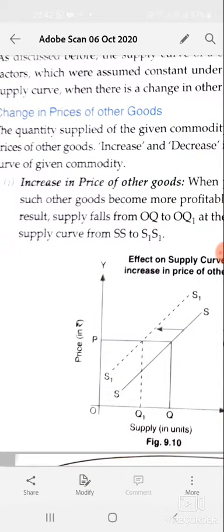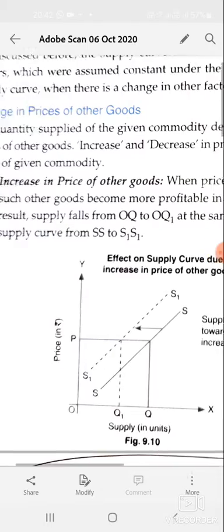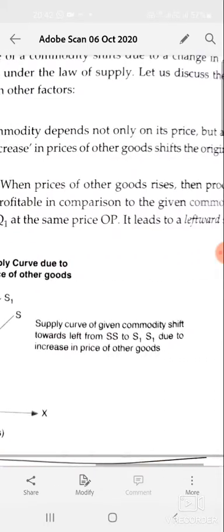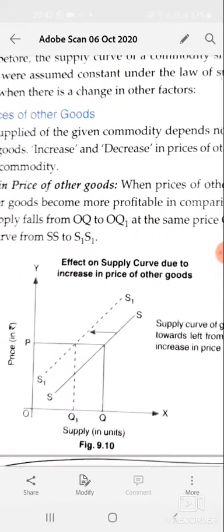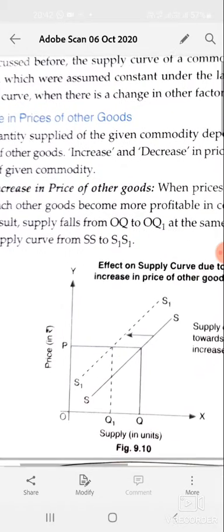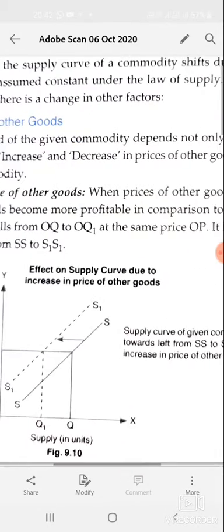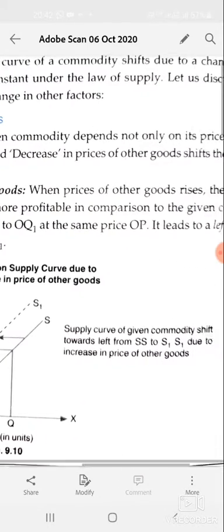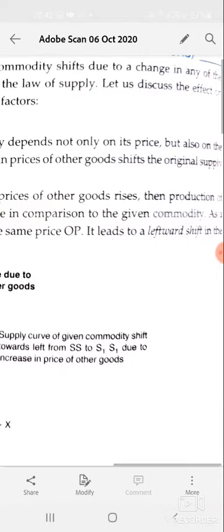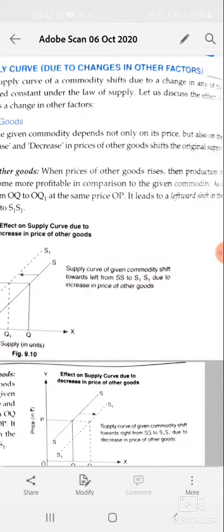The first part: increase in price of other good. When the prices of other goods rise, production of such other goods becomes more profitable compared to the given commodity. If there are commodities x and y, and the price of x increases, then x becomes more profitable compared to y.